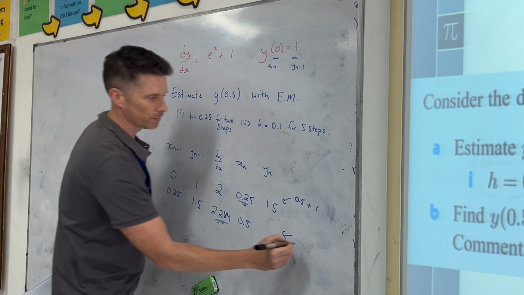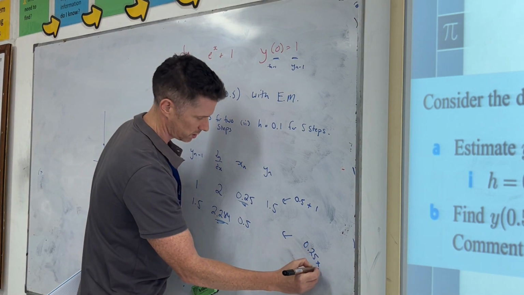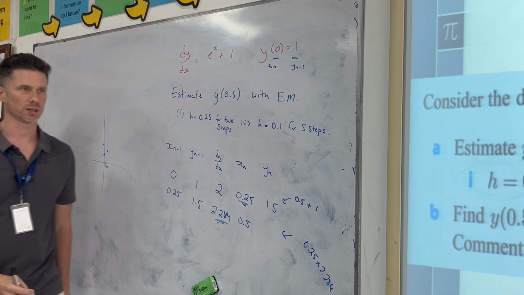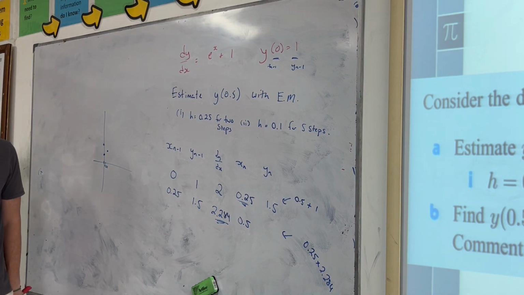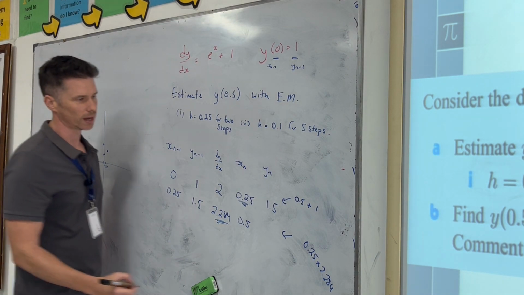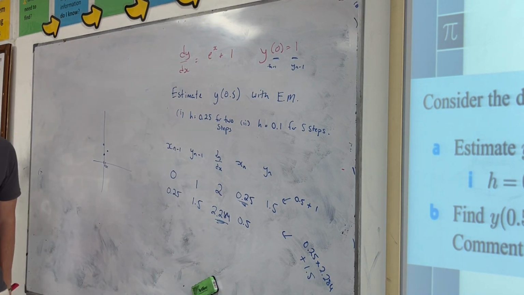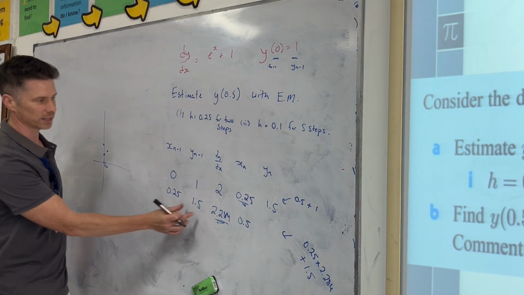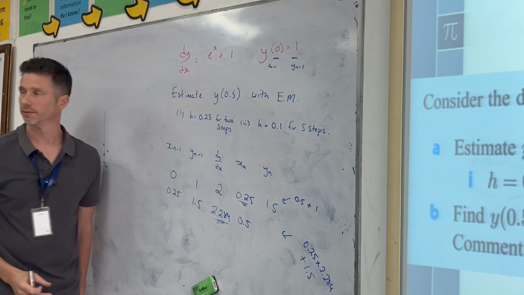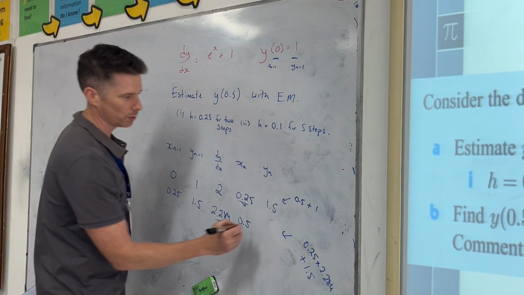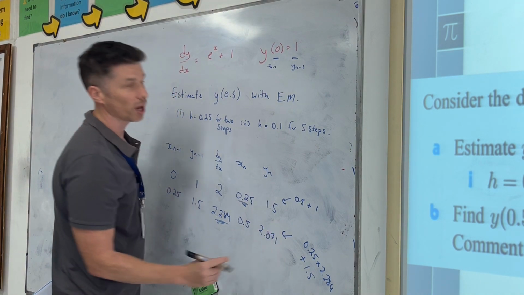You're multiplying 0.25 times 2.284, our gradient, which gives us what the next jump is going to be. Then we add it to the original y of 1.5 to get the next step on y. Next step on x, next step on y. And that gave 2.07, and we stopped because that's it done.